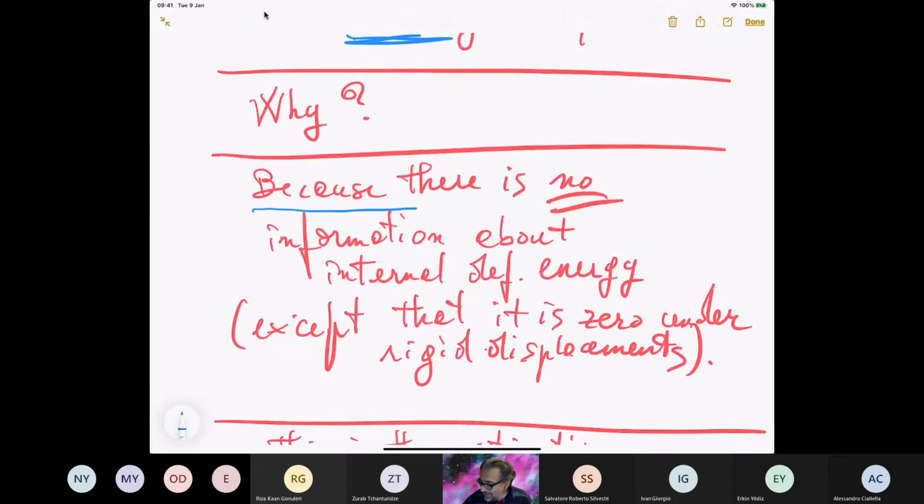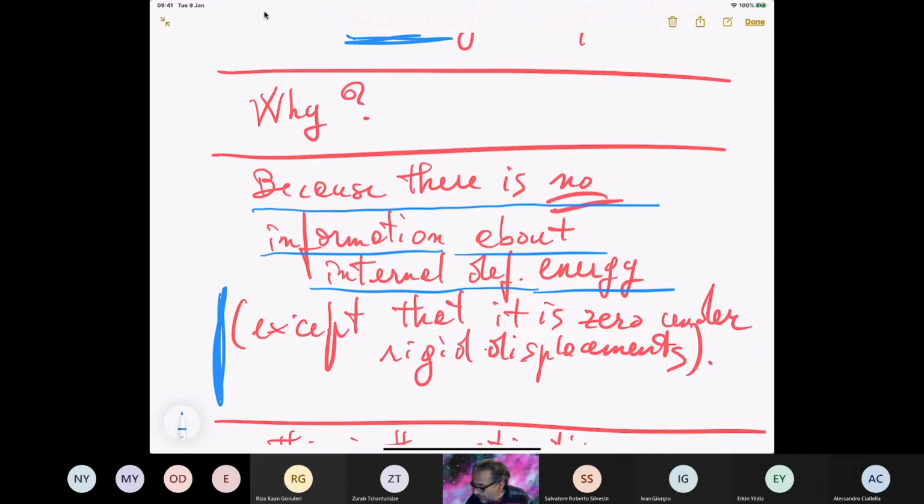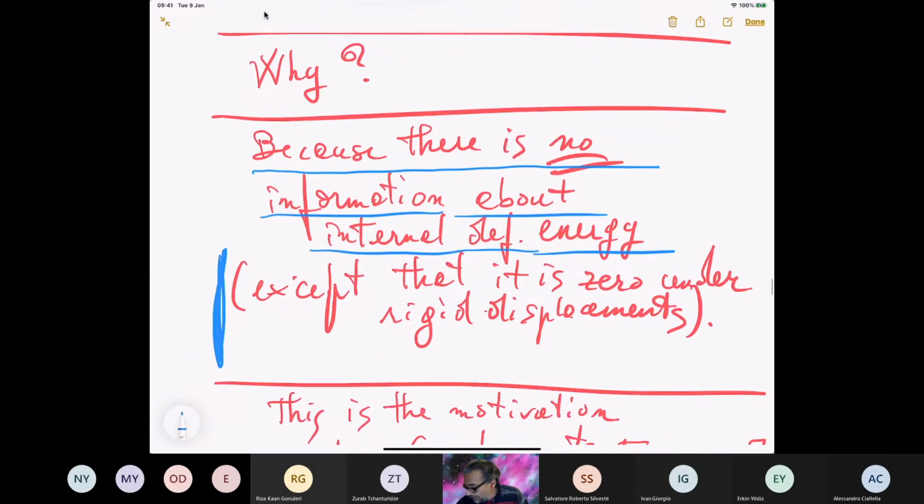Because there is no information about internal deformation energy. For proving them, you simply need to assume that internal deformation energy is 0 under rigid displacement. So this necessary condition cannot contain any information about the internal energy.